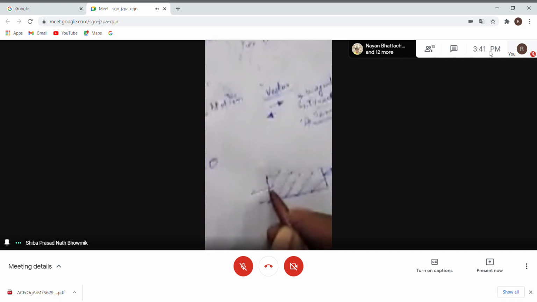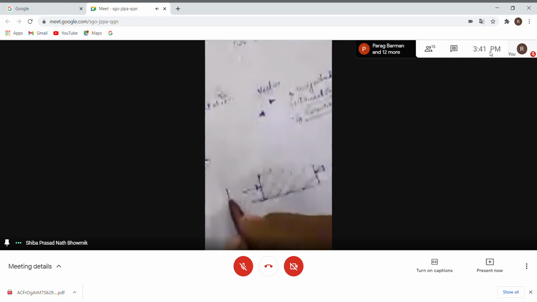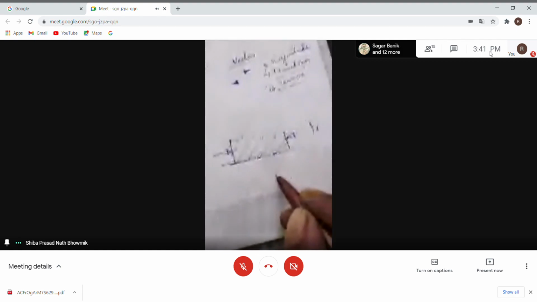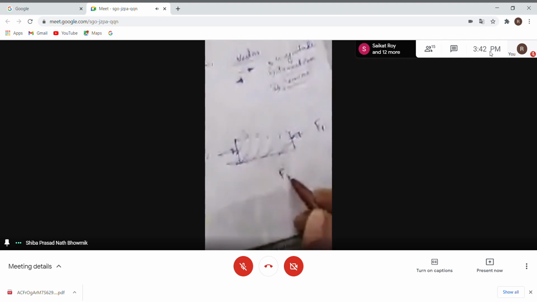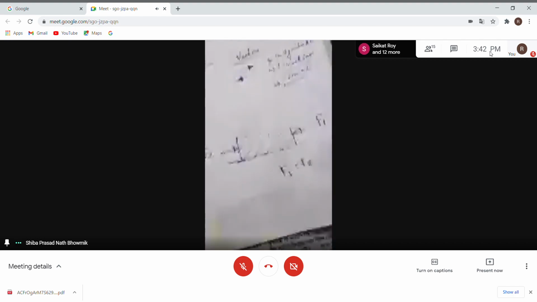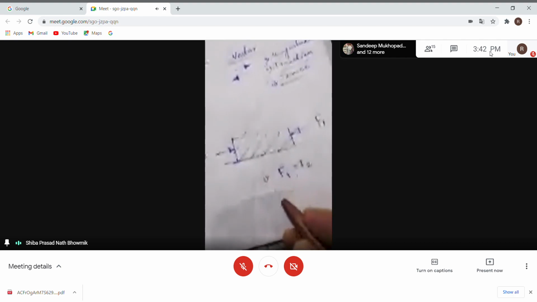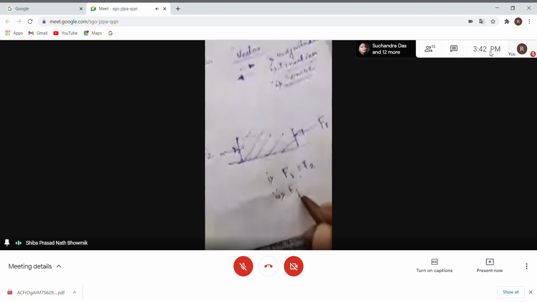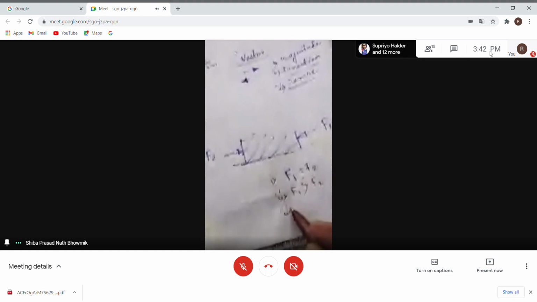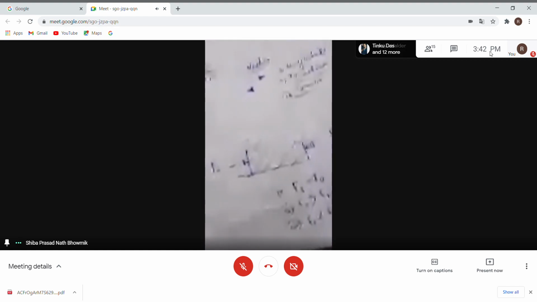Another one, just opposite in direction, is F2. Now, interestingly, I'm saying that here, one condition, F1 equals F2. Number 2, F1 greater than F2. Number 3, F1 less than F2.